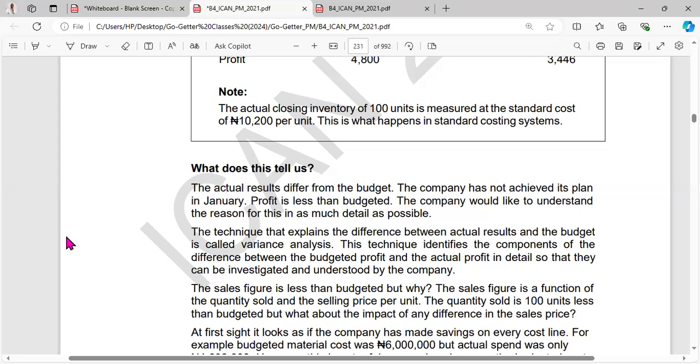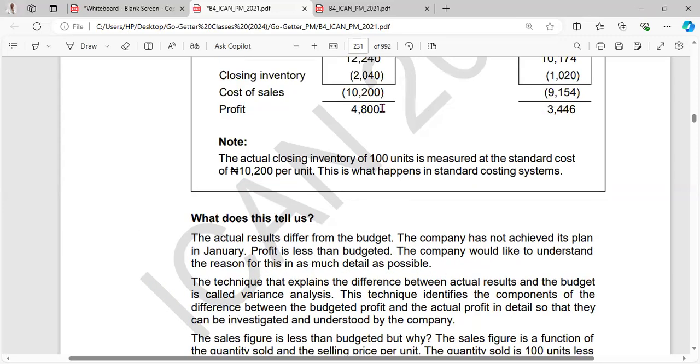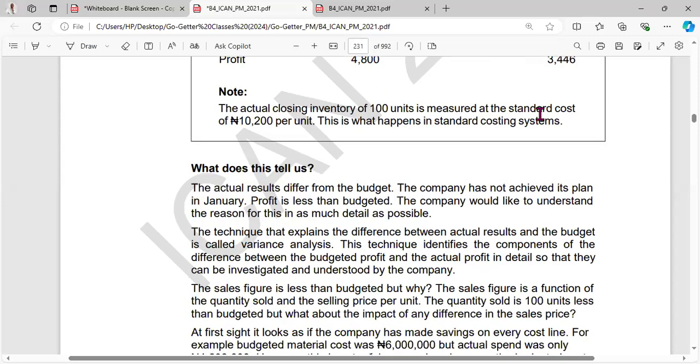So you see here, what we just did is there is a budget of 48 and there's an actual profit of 3446. Now, how did we get this difference? How can we reconcile this difference? If you want to know why these differences occur, you must do something called variance analysis.